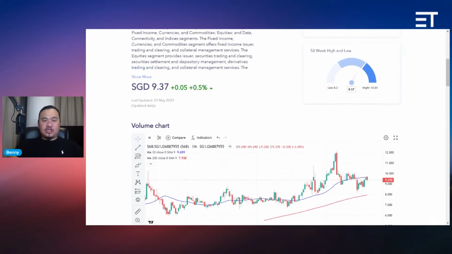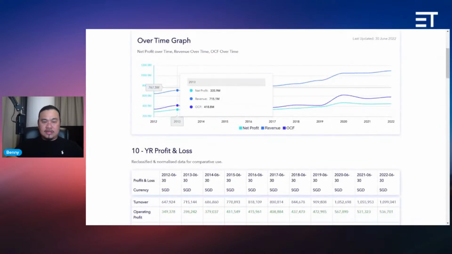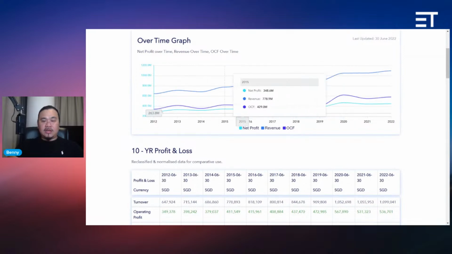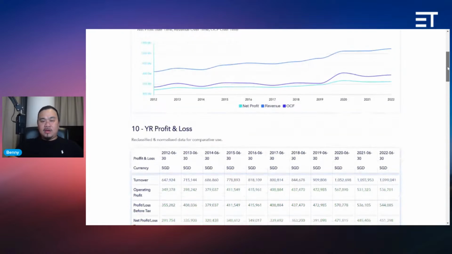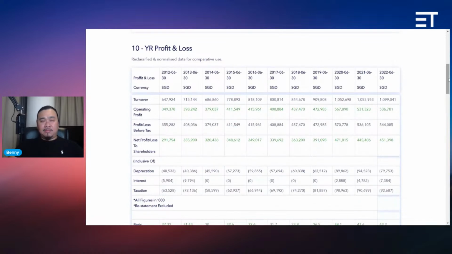So if we're going to look at financials, for example, you can also see at one glance that their revenue has been growing, their net profits have been growing, their operating cash flow has been growing as well over the years. So again, this is one more consistent company, right? It's not as big as Ban Leong that we saw earlier, where the growth is much higher.